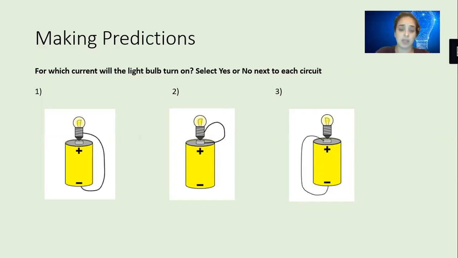So in your classwork document, take the next minute to decide which one will turn on or which one won't. When you're ready to come back to the video, you can hit play. Okay, and let's move on with our answers. So let's check our prediction.